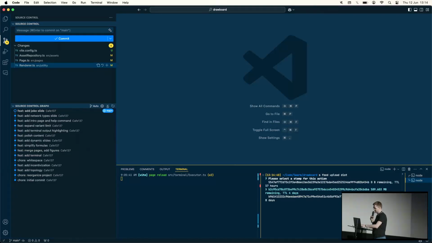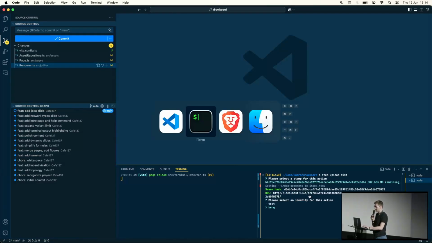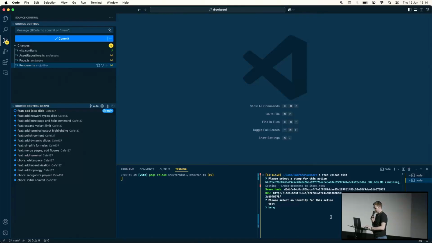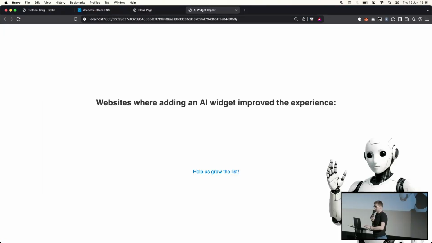I'm selecting a postage batch. I'm selecting the identity. Before I do that, I'm going to check on this. So we are writing the feed, and we should be having the same feed address.